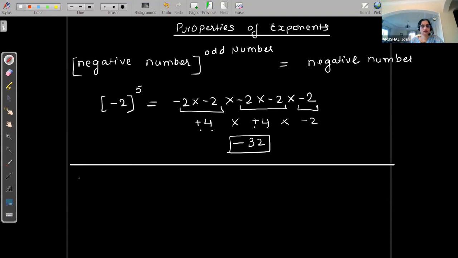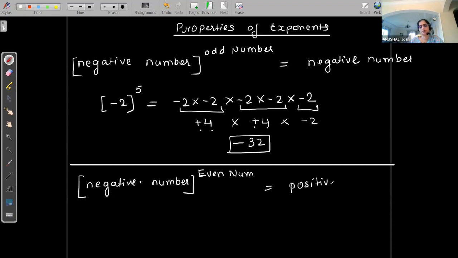And then you have a negative number to the power of an even number, which will give us a positive answer.